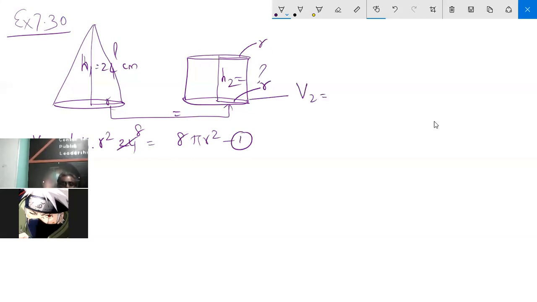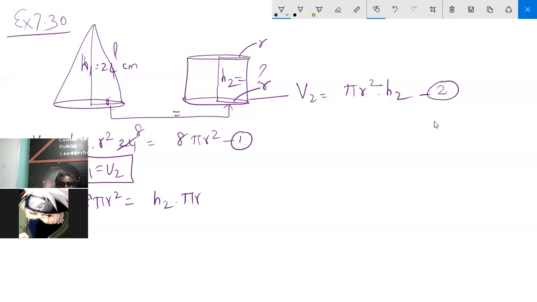It is pi r squared into h2. Now both are equal, V1 equals V2. I told you, this is what we will always be doing. So 8 pi r squared is equal to h2 into pi r squared. Cancel pi r squared, h2 is equal to 8 centimeter. Very simple. Height of the cylinder is 8 centimeter.